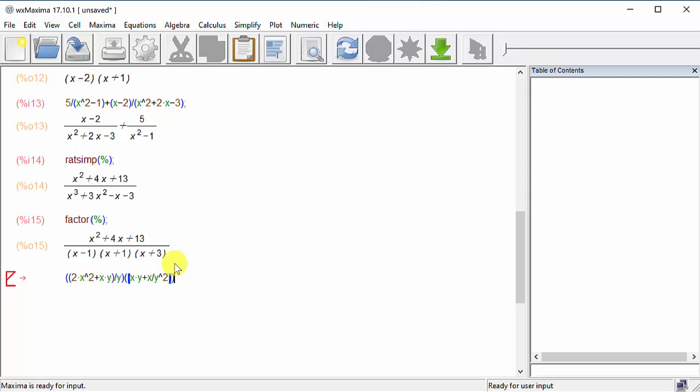And hopefully I typed all that in correctly, and we're going to do Shift Enter, and that's what I have. And you can see what it did there.